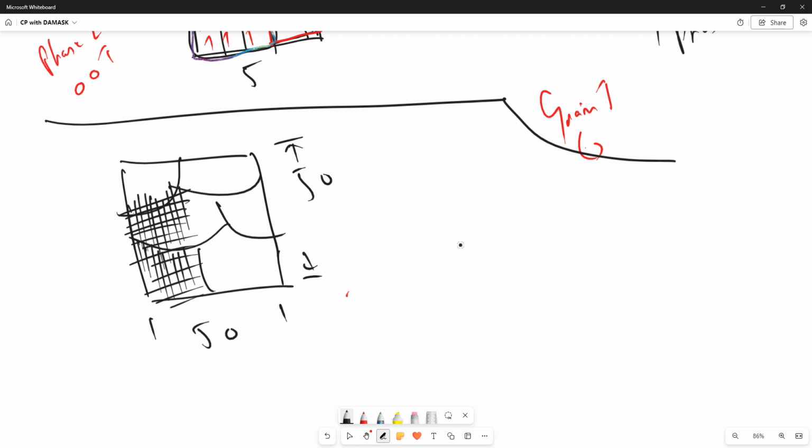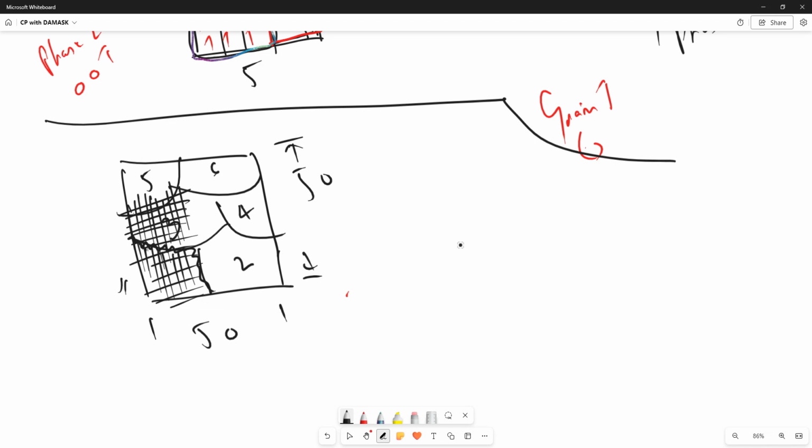So this grain boundary will be resolved like this. And then we will say all these points within this are 1, all these are 2, all these are 3, all these are 4, these are 5, these are 6, right? And in my material file, I will only have to define grain 1, grain 2, grain 3, grain 4, grain 5, grain 6.